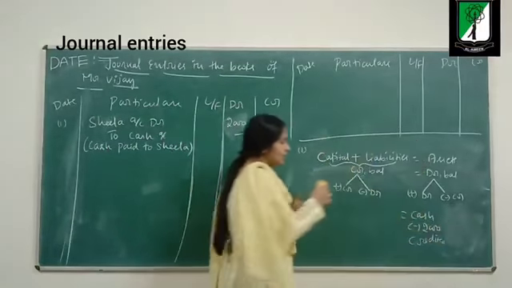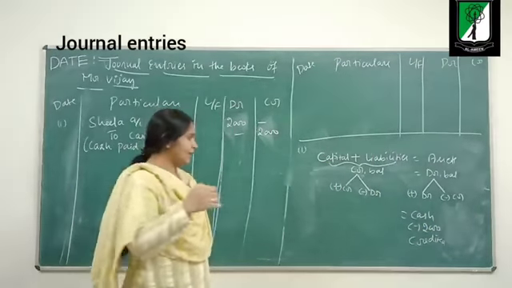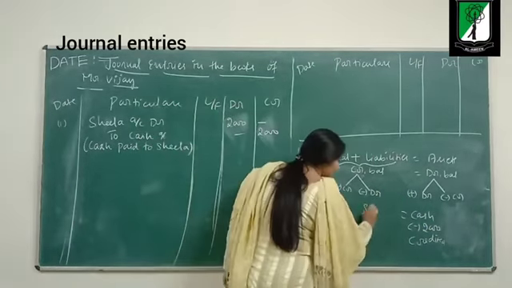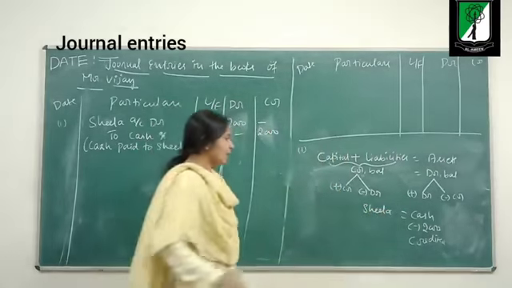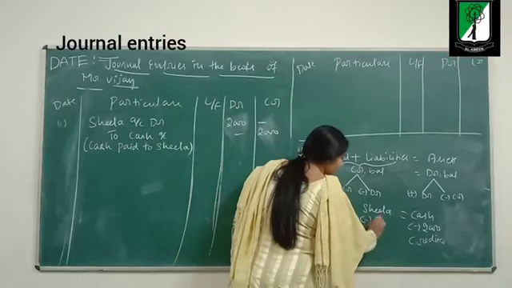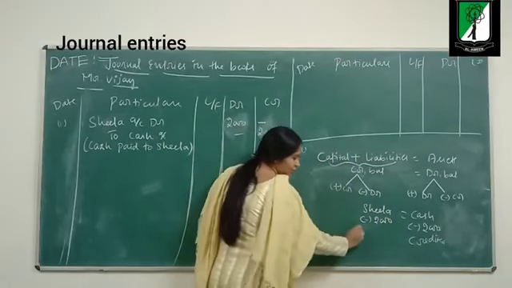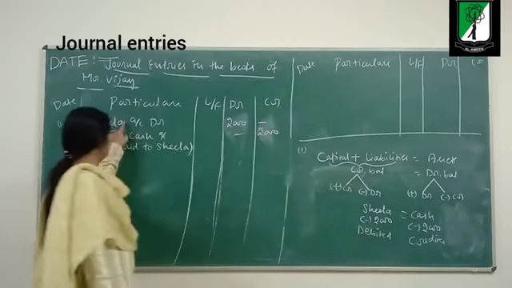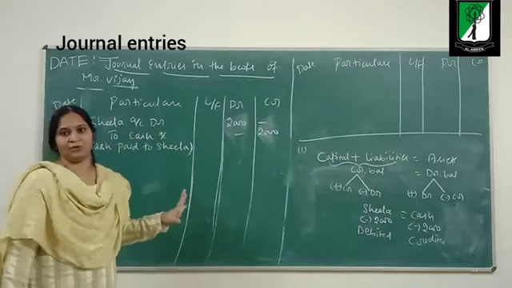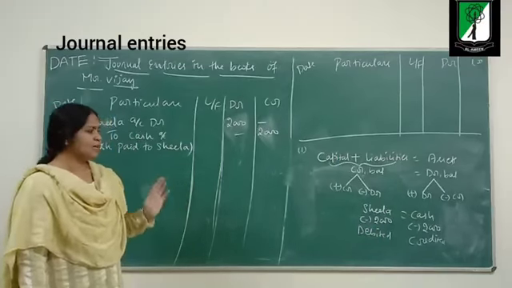From Sheila, the business had purchased goods on credit, so it was a liability. Now they are making payment towards the liability. So decrease in liability should be debited. See, Sheila account debit to cash account. You have arrived at the same answer. Any of the things you can follow.